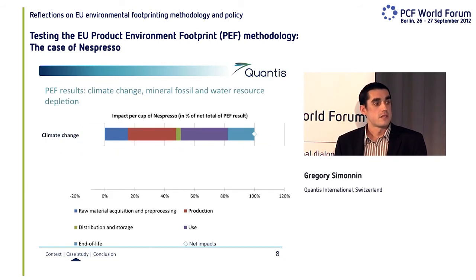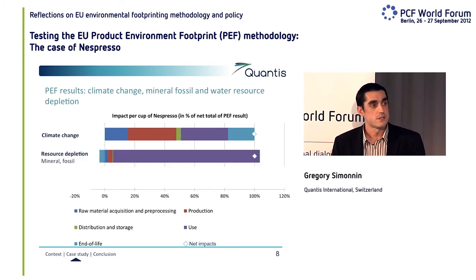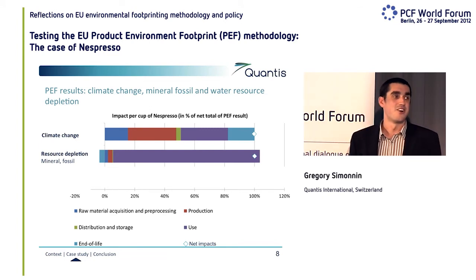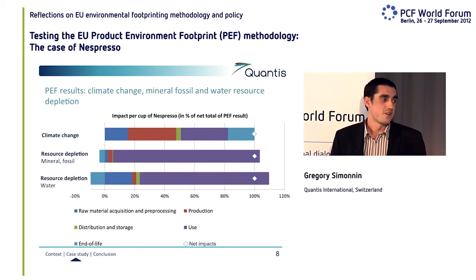The next slide of results shows the multi-indicator approach. Here you have again the climate change results from the PEF study. If you look at that slide, you would focus on the production and then also on the use stage. When we look at different indicators, here mineral and fossil resource depletion, we see that the use stage becomes overwhelmingly important, and for water resource depletion as well.